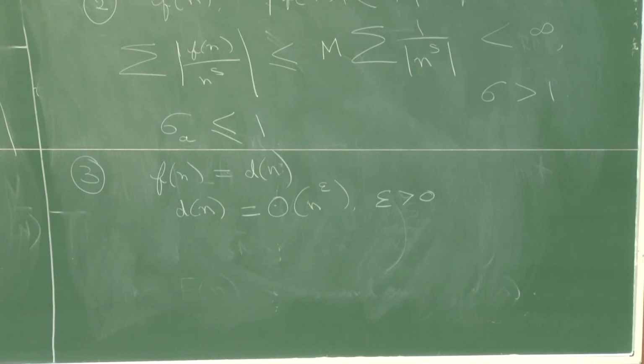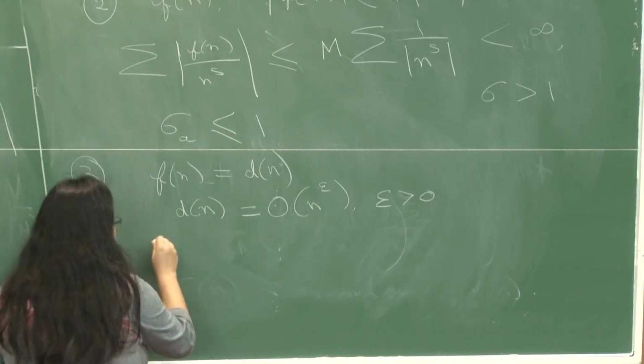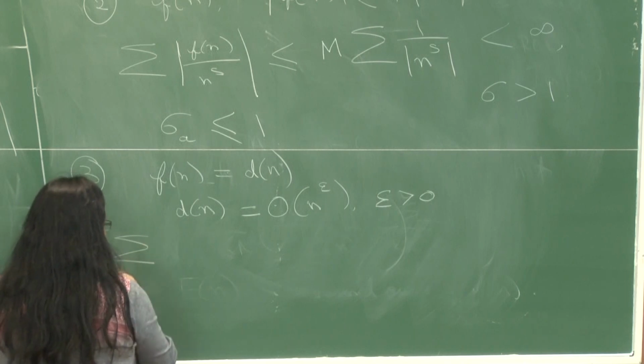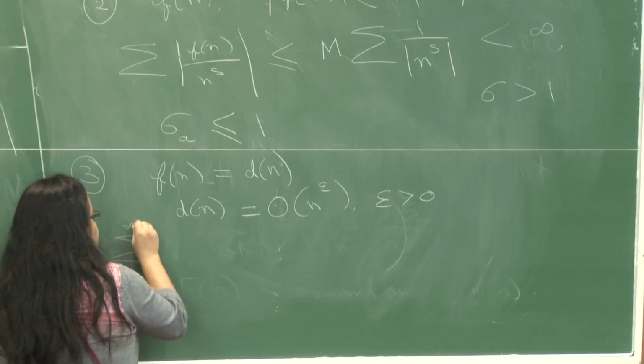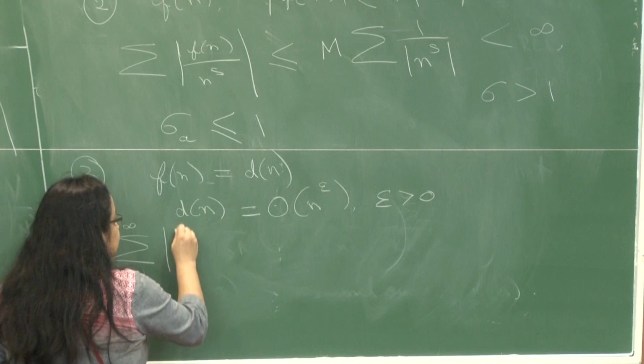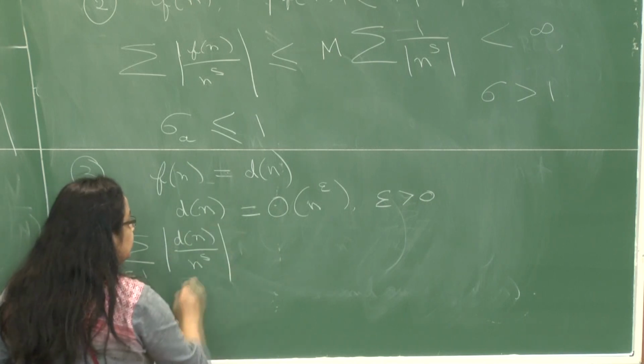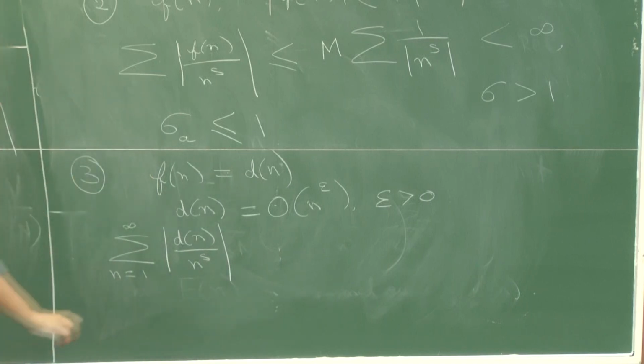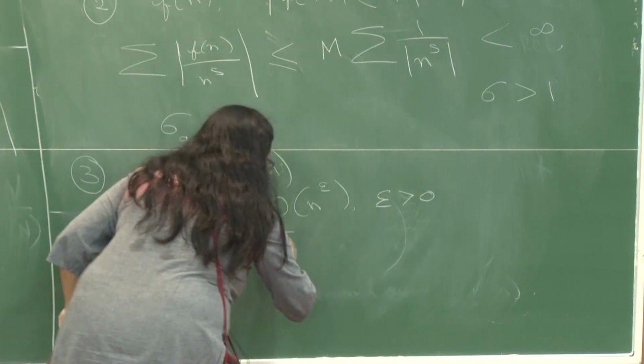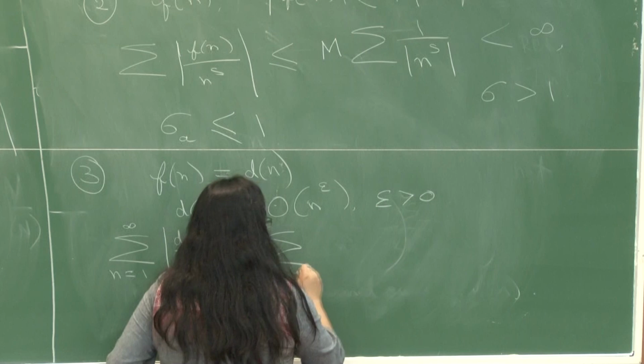And so, suppose we take the summation n going from 1 to infinity of the absolute value of d of n over n raised to the s, which in turn is the summation n going from 1 to infinity.